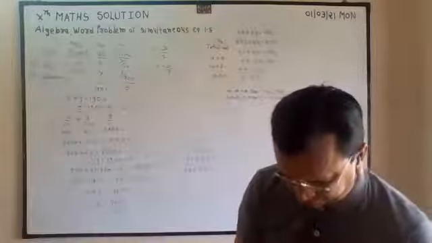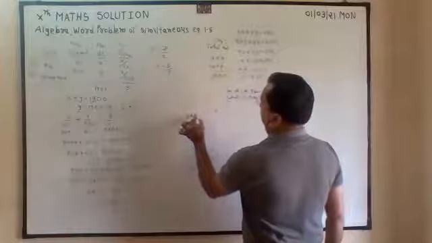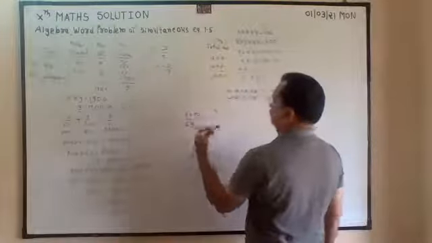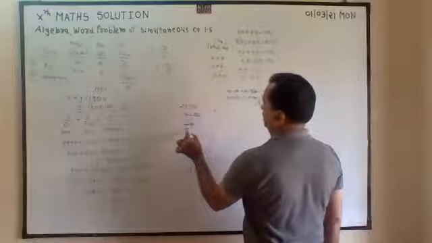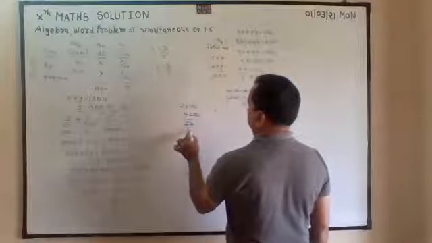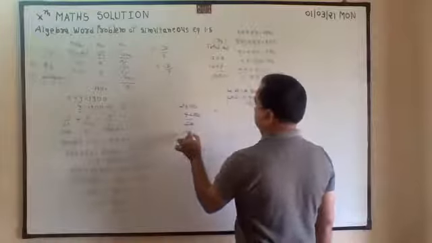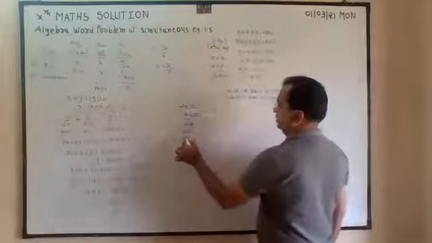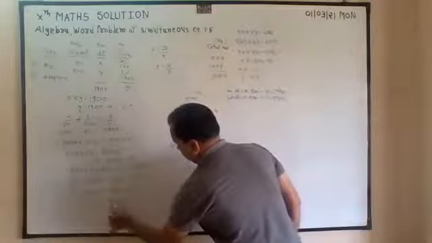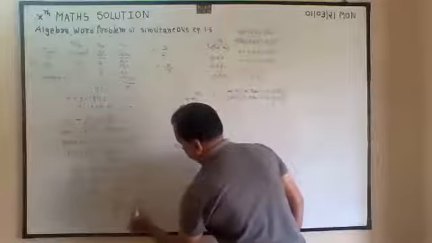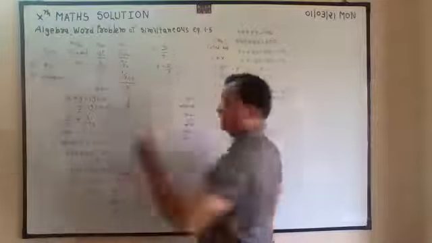So 9600 by 64. Which 4s are... 16, sorry, 8 2s are 16, 8 3s are 24... so it is 150. So distance traveled by bus is equal to 150 kilometer.